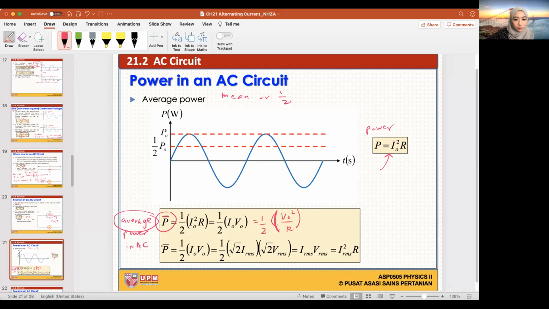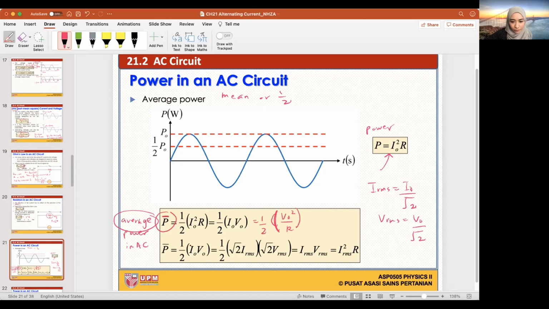So average power can also be described in terms of RMS. Kita tahu IRMS is equal to I naught over square root 2, VRMS is equal to V naught over square root 2. So if I wanted to convert this equation into RMS terms, I just substitute.